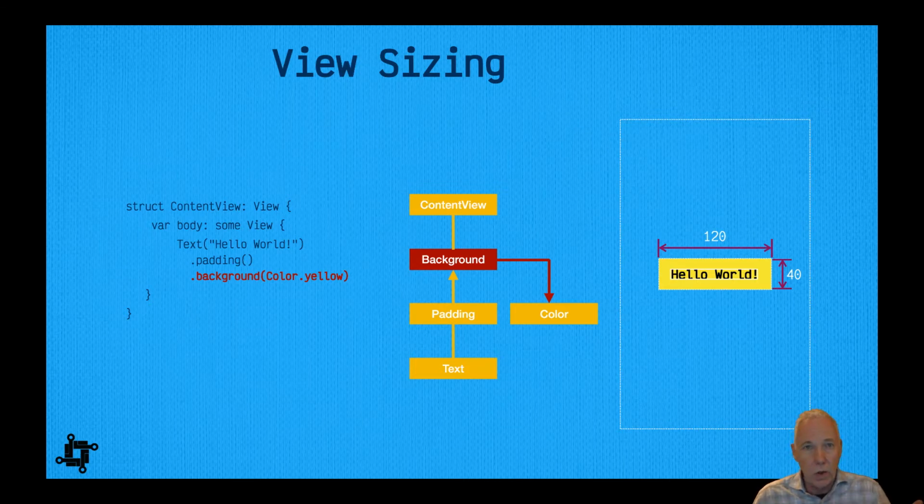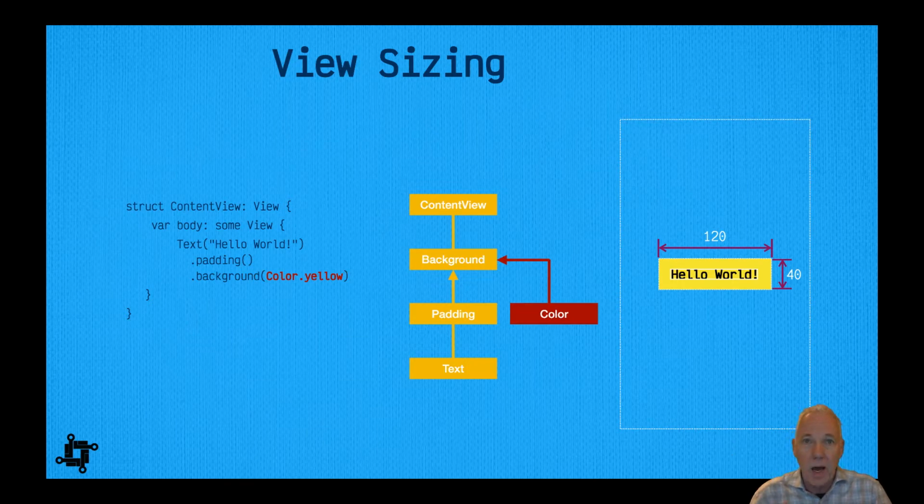They're like, if you give it the whole display, it will take on the whole display. So in this case, background passes this dimension right here of 120 by 40 to color, and color says, great, I am going to return a view that is colored of the color that you've picked, and it will be the size of 120 by 40. So in our case, we picked yellow, so it's creating a view that's 120 by 40 yellow.